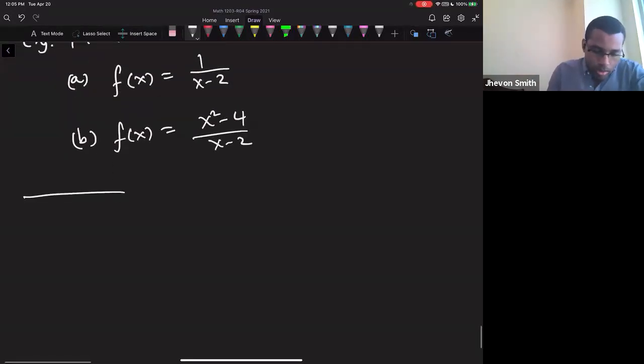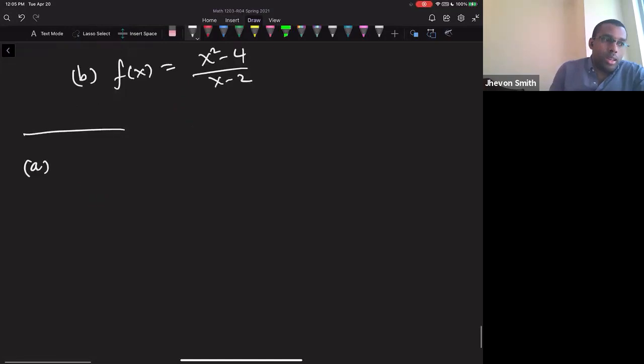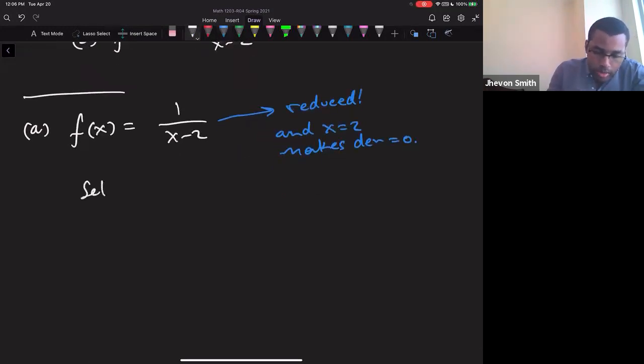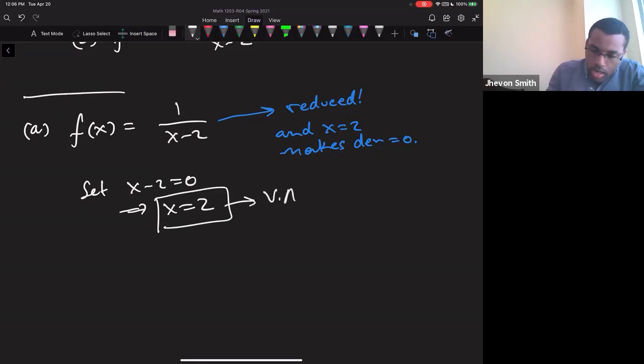All right, jumping into A, we have f of x equals 1 over x minus 2. This is already reduced, and x equals 2 makes the denominator 0. So you'd literally just set x minus 2 equals 0. This implies x equals 2 is the VA, right? The line x equals 2.